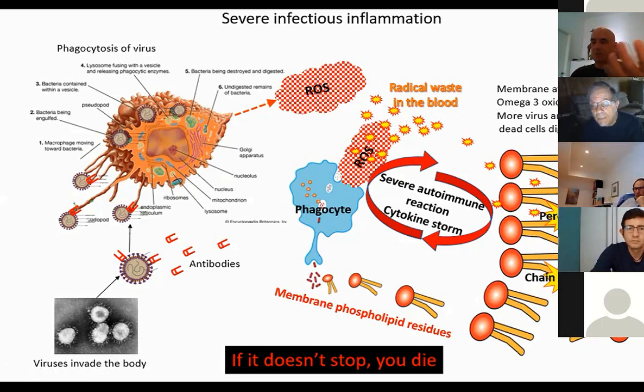So we have this circle going on, and when the membrane decomposes, you will have phospholipids and parts of the membrane released into the blood, which will again be taken up by phagocytes and will release more ROS, reactive oxygen species, and radicals. And this is a severe autoimmune reaction, and this is what you call a cytokine storm. This is what happens in COVID-19.